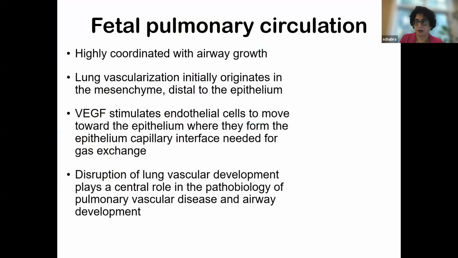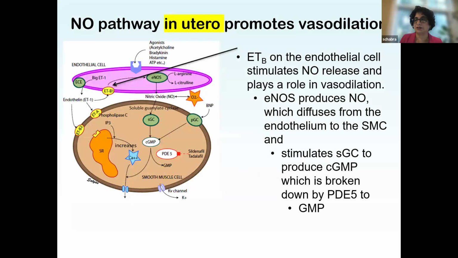So we have some hypoxic conditions in the fetus which support lung and vascular growth, and you have some hypoxia-inducible factors which are regulators of the transcriptional response to hypoxia. Some of them are involved in angiogenesis, VEGF, which is important for oxygen transport, and energy metabolism.